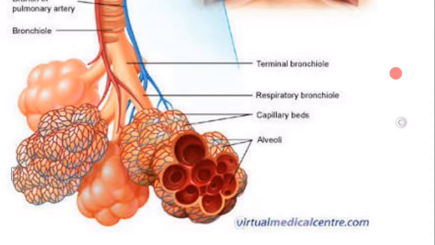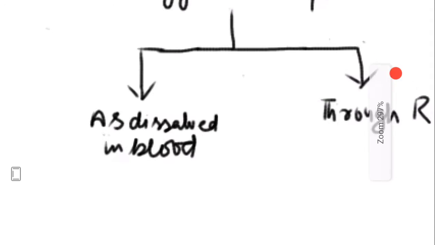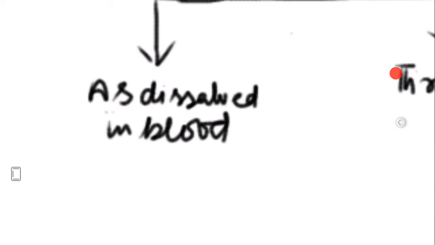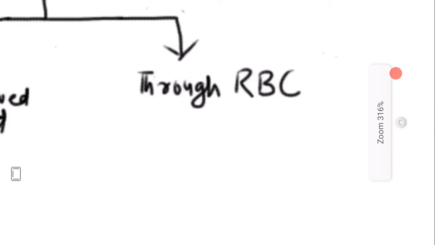First I'm going to talk about the oxygen transport and then the carbon dioxide transport from the lungs. Oxygen is mainly transported in two ways in our body. The first is dissolved in the blood, and the second is through RBCs.